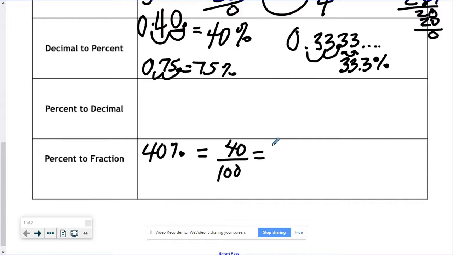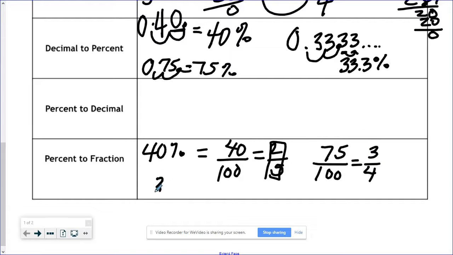So that would be 2, and that would be 5. So 2/5. If I was going to do 75%, I would have 75 over 100. And that's going to simplify into 3 over 4. You can divide them both by 25.